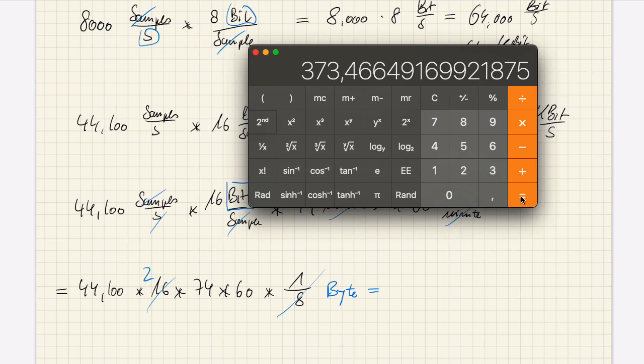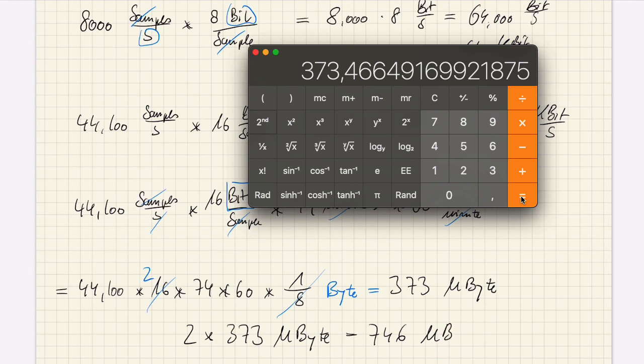So what I have is roughly 373 megabyte. Now I have to multiply it with 2 because we have typically stereo, and then we have 2 times 373 megabyte, which is 746 megabyte, if I've done this correctly in my head. And that's what the capacity of a typical CD is all about.